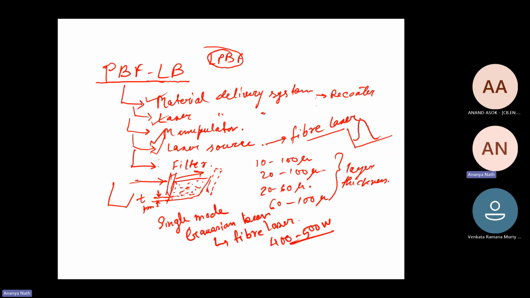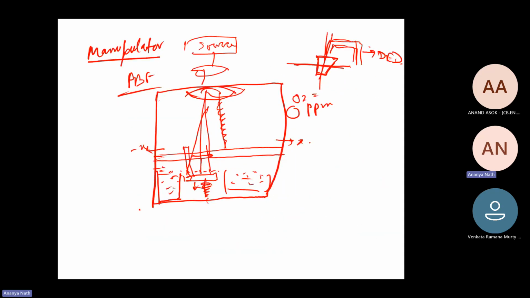Now the most important and unique part in case of LPBF is the filter. Let's discuss that. As I said, when we print the part in LPBF, the machine maintains a controlled atmosphere. Like the shielding gas in case of DED, if you remember, we were providing some argon or nitrogen in the working zone with the help of a pipe or a nozzle, either in the cladding head itself or externally fed argon.